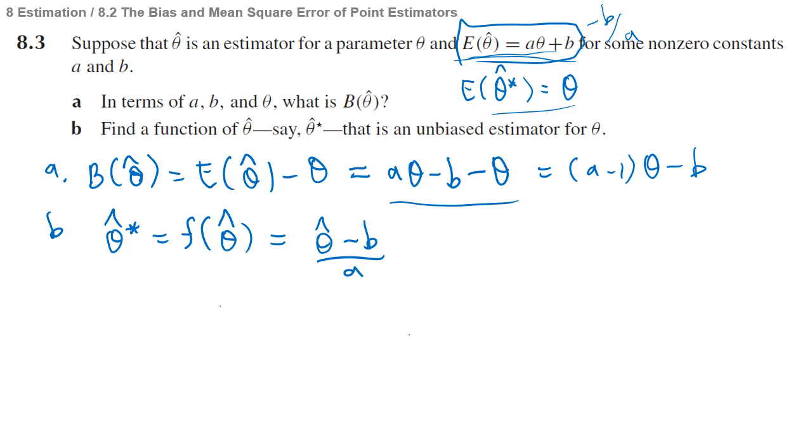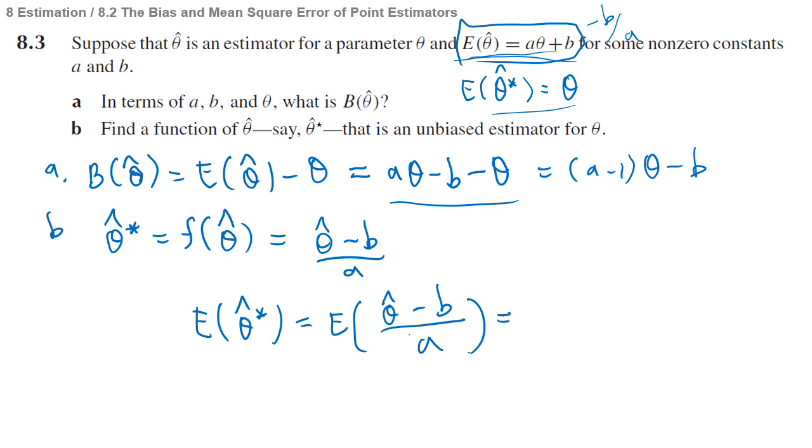So let's try. The expected value of theta star is the expected value of (theta hat minus b) divided by a. The expected value of theta hat is a theta plus b, minus b, divided by a.